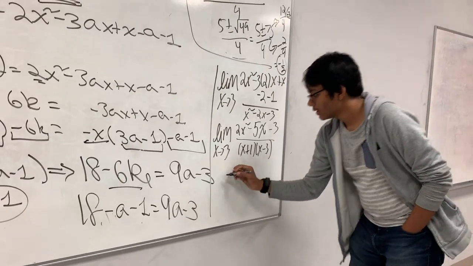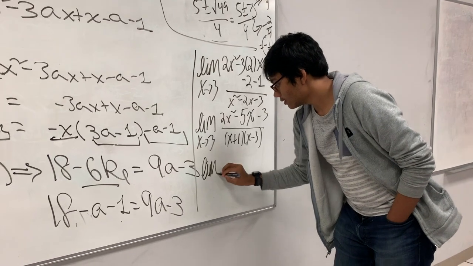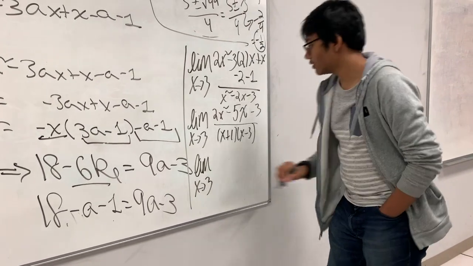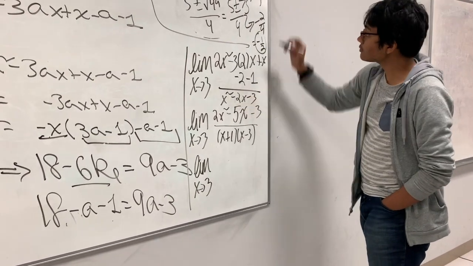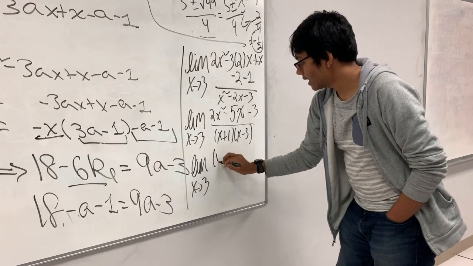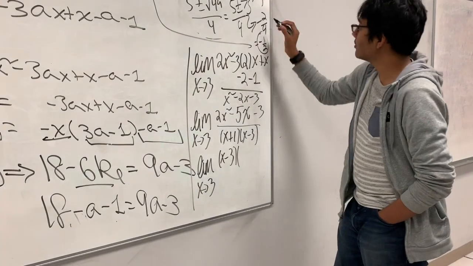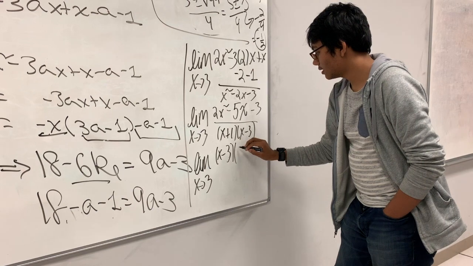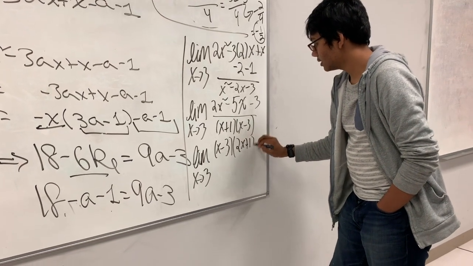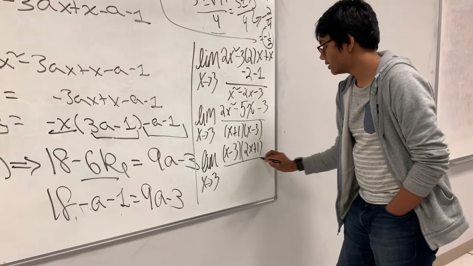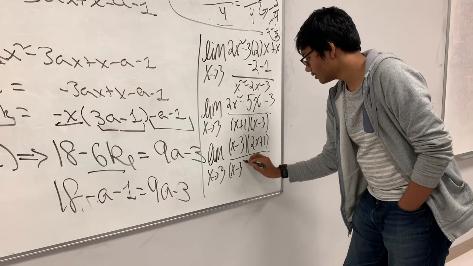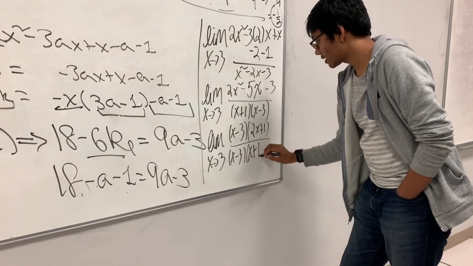What do we get? We get the limit as x approaches positive 3. The numerator simplifies to x minus 3 times, what is this? Is this 2x plus 1? Yes. And the denominator we already factored before as x minus 3 times x plus 1.